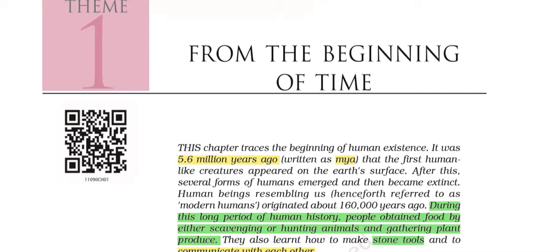So a lot of sources are available for history, say for example 500 years ago or 1000 years ago. But this is 5.6 million years ago, which is very, very difficult for archaeologists and historians to form a history of, right? To reconstruct a history, it is very, very difficult to trace back so many years.